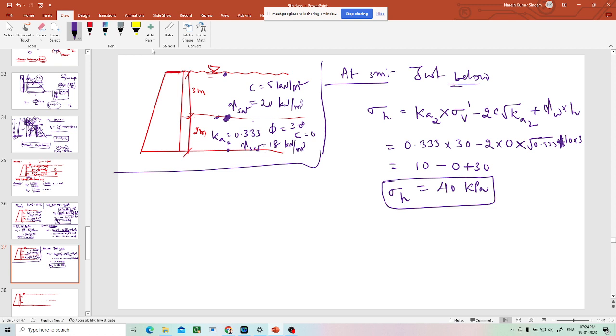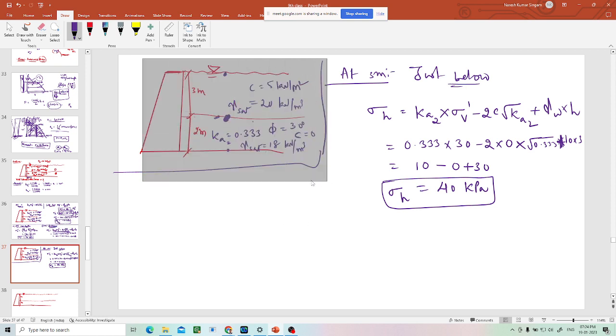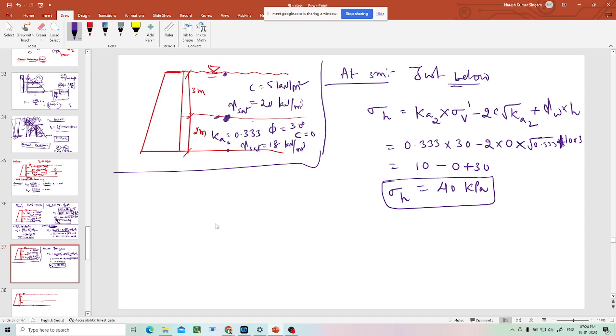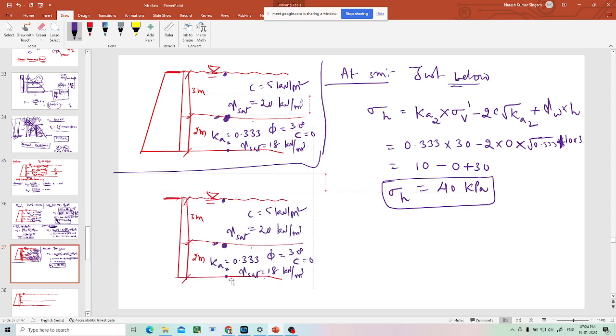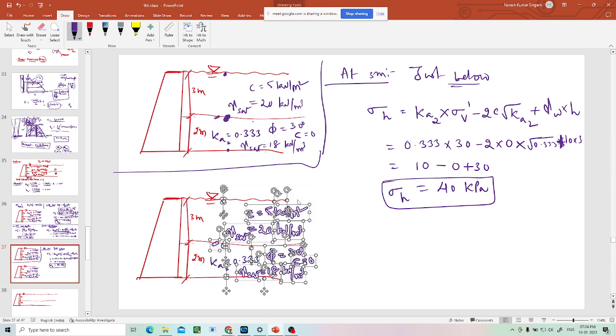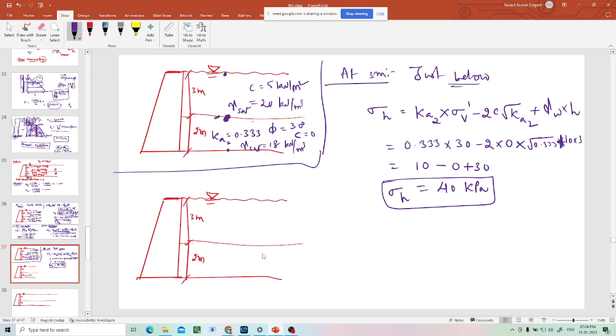So now I just want to draw that, till 30 meters. How does it look? Now I'll draw the diagram of sigma h.